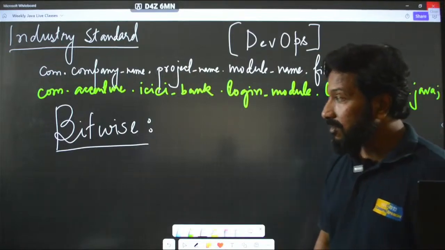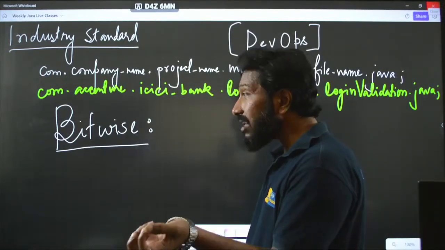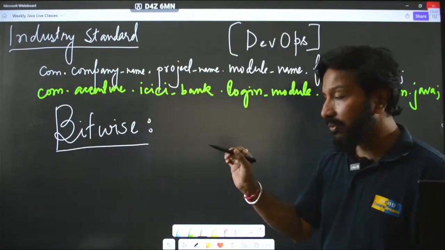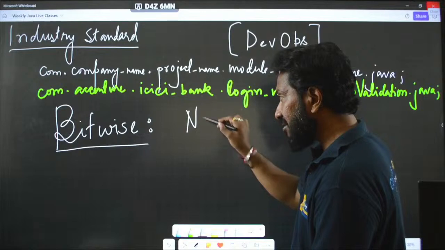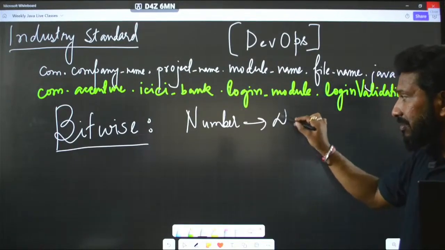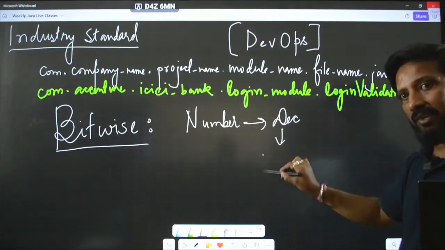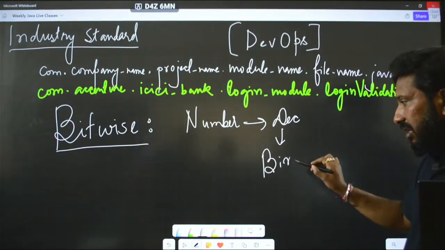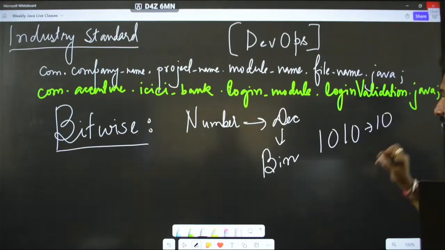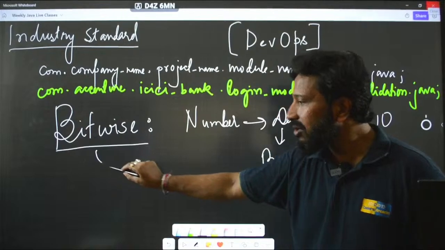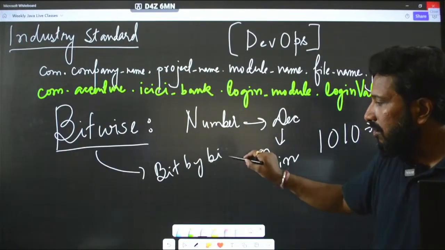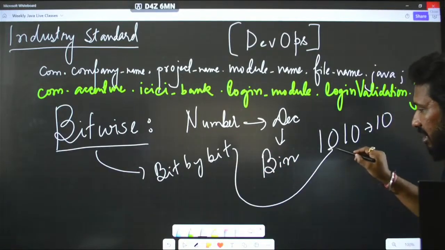Okay, so right now, as I said, what is actually bitwise operators? To remember it in a proper way, just remember that a number will be given to you. The number will be in decimal. This number will be converted to binary. Say suppose the example is 1010, which is 10, and it is called bitwise because it will work bit by bit on this particular number.